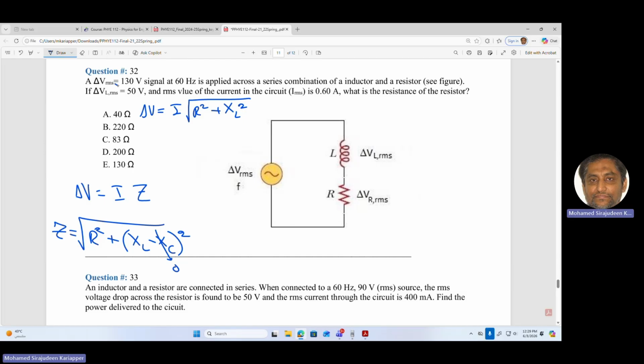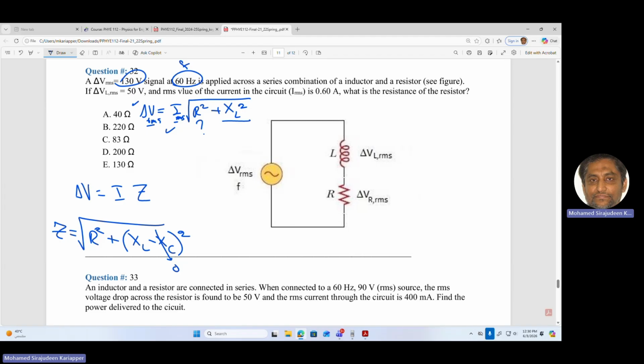What do we have? Our RMS values. Both have to be RMS. This is given, frequency is given. RMS value of the current is given, I is given, R is not given, XL.